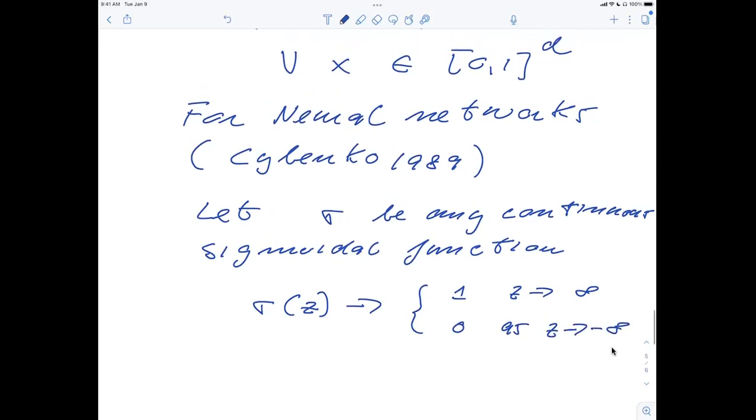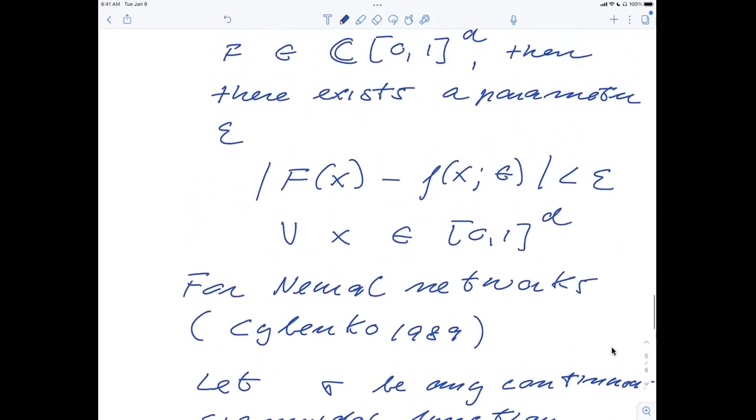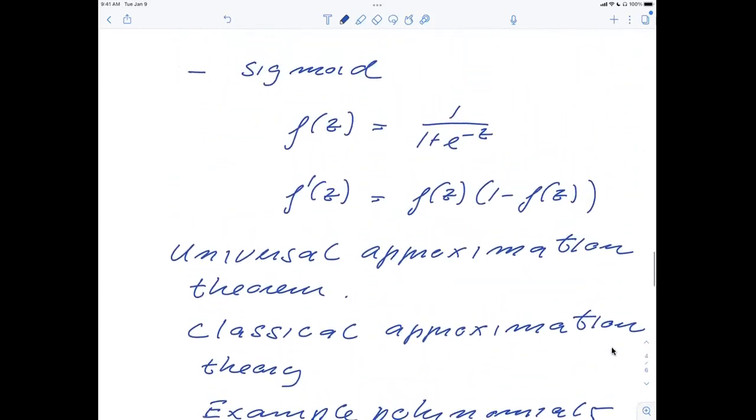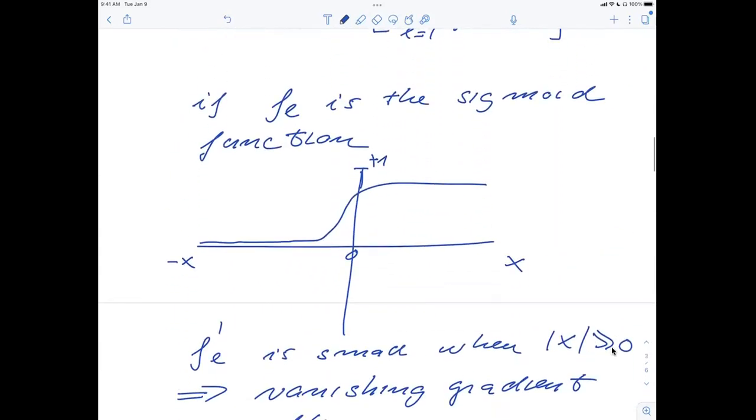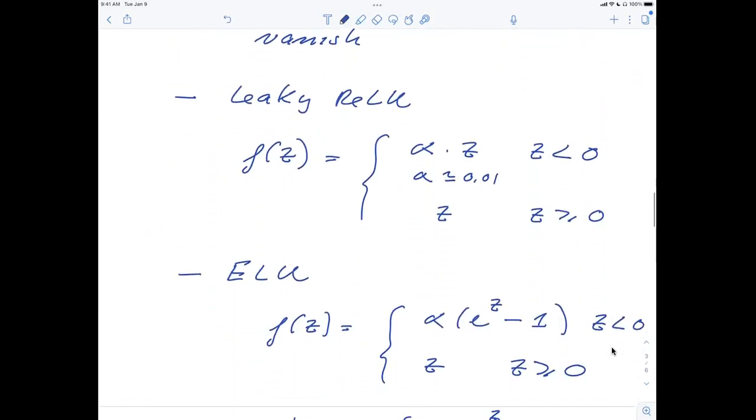And if we go up a little bit to what we had before, if we look at the figure here, the sigmoidal function is such that when the argument goes to minus infinity, the function goes to 0. When the argument goes to plus infinity, then the function goes to plus 1. So that's the definition of a sigmoidal function.